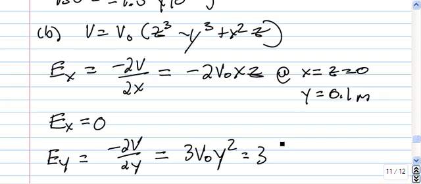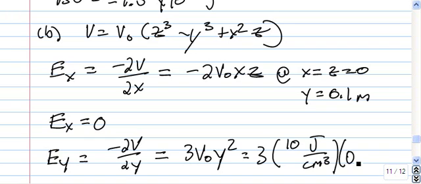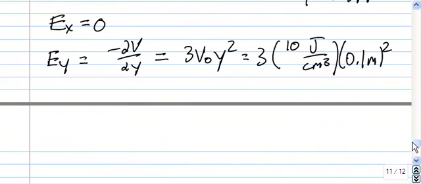And we're going to write volts as times the constant, which is 10. Now volts I'm going to write as joules per coulomb per cubic meter, times the value for y. Now I stayed in consistent units, and we can check that.